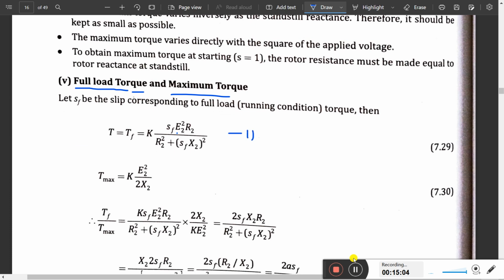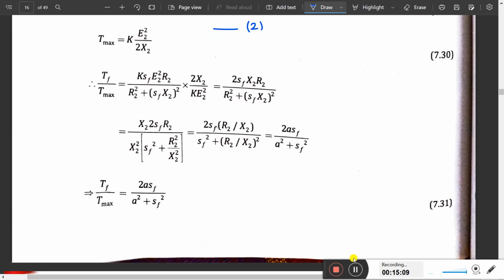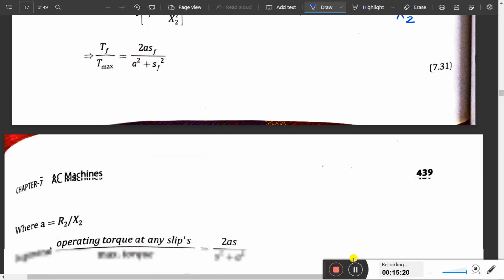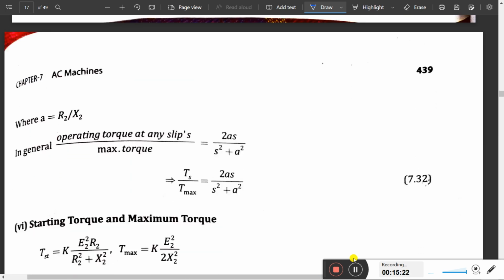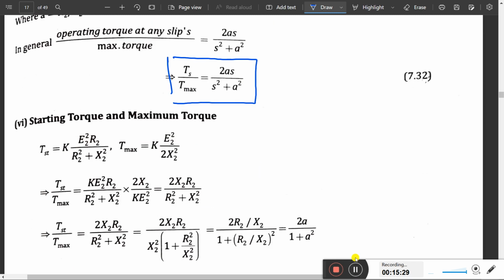If you divide equation 1 by equation 2, you will get this final relation: 2 a S_F by a square plus S_F square, where a is equal to R2 by X2. It is the relation for T full load to T maximum: 2 a S by a square plus S square.